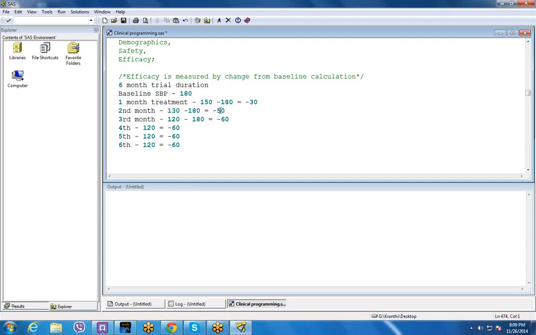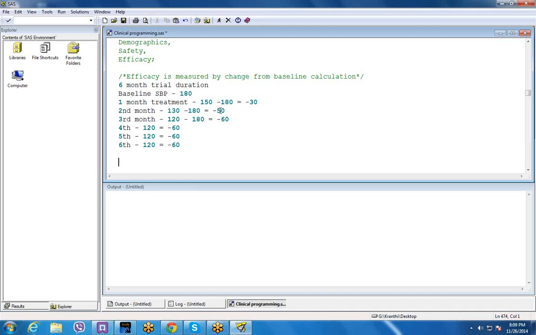How can you say that the drug is effective? Just by calculating, we can say that the drug worked efficiently, and it won't need 6 months of the drug. If we give the medicine for 3 months, it will control and regularize the BP. These types of answers we can get based on this result.